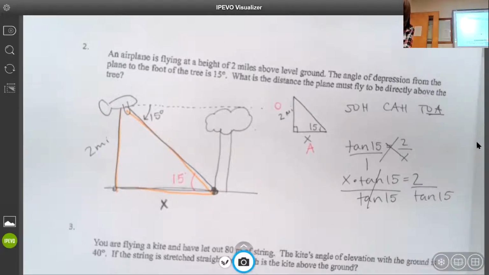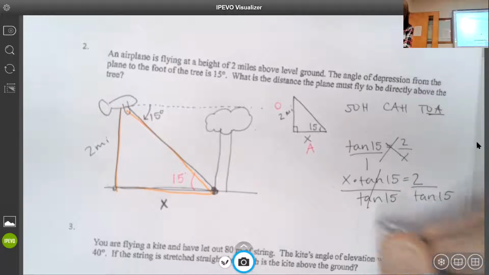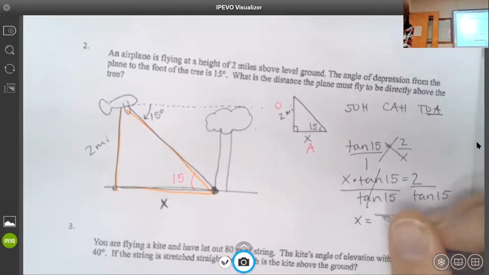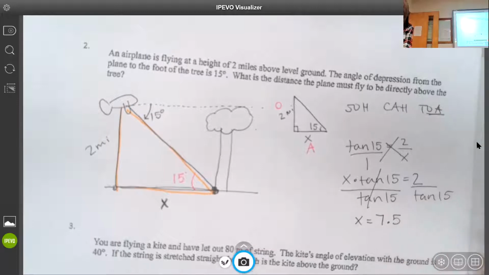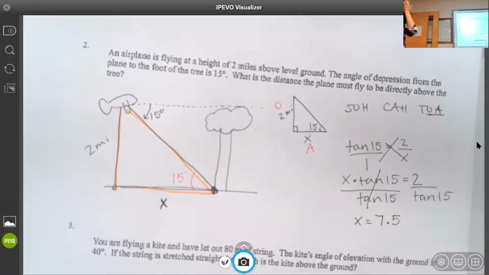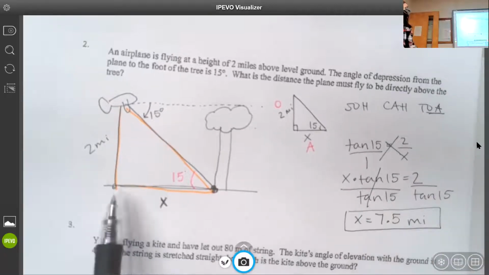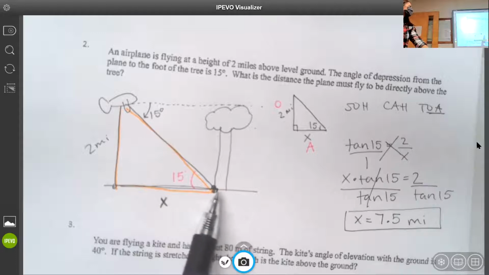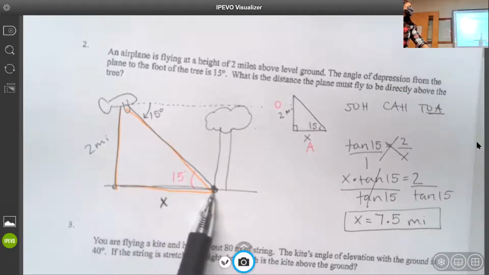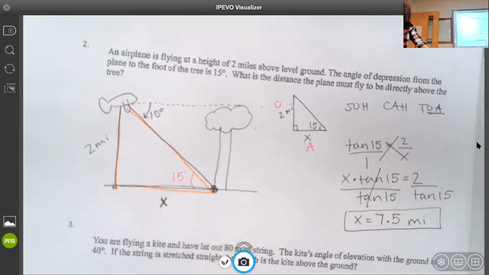So 2 divided by the tangent of 15 tells me that it'd be about 7.5 rounding, so it's like 7.46, and my units is miles. Okay, so the distance from where the plane is now to get the plane over the tree would be 7.5 miles away.